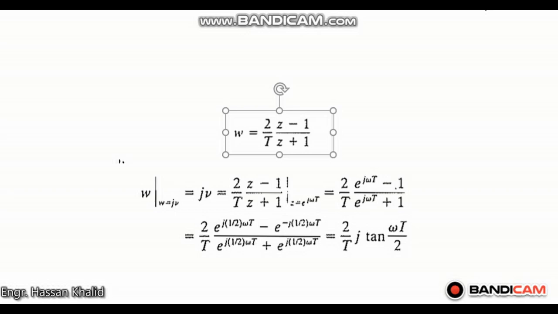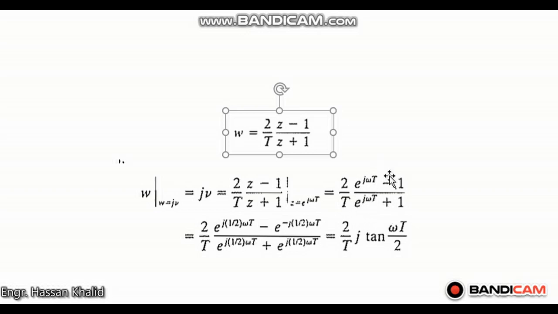So what we do is replace omega with j v in the frequency plane, and correspond it similarly in the z plane by entering z equal to e to the j omega T, as we have studied in the previous slides, that is how we correspond those frequencies with our z plane and with respect to the s plane. By doing this we obtain 2 by T times e to the j omega T minus 1 divided by e to the j omega T plus 1.